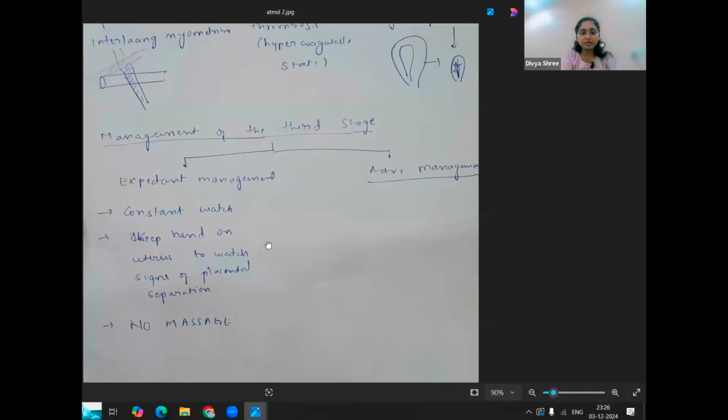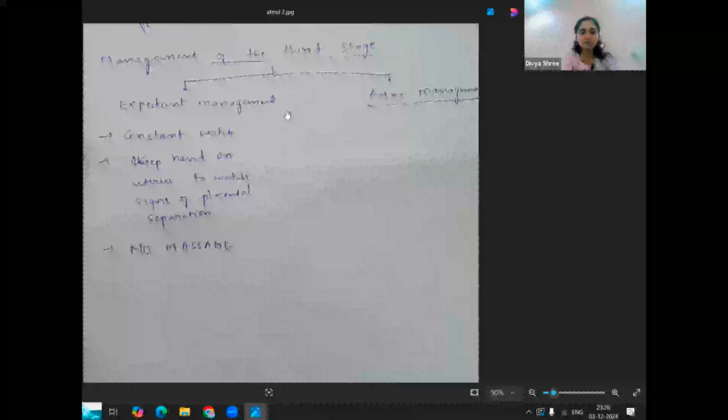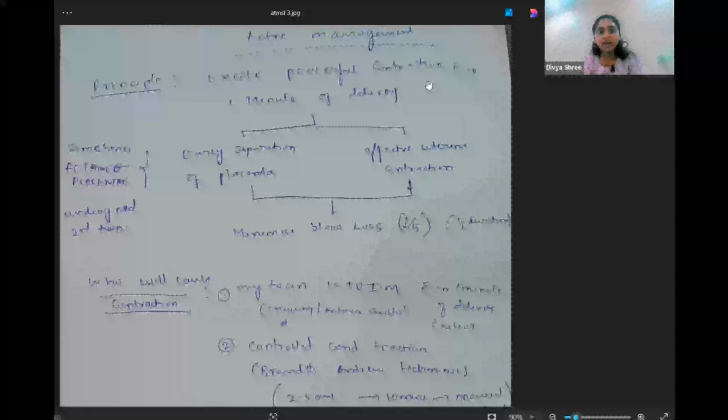Coming to active management. What can we do in active management? Why is active management very important for us? All over the world, the most common complication which is complicating postpartum hemorrhage is anemia. For a normal person whose Hb is 11 gram, loss of 500 ml of blood does not decompensate them.